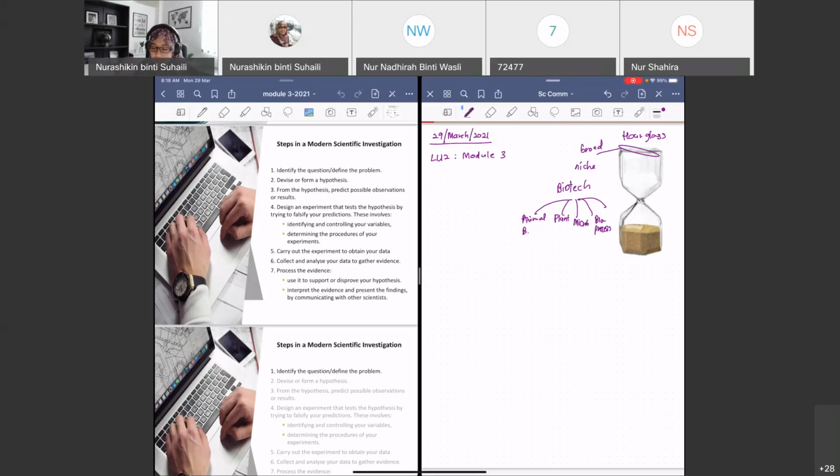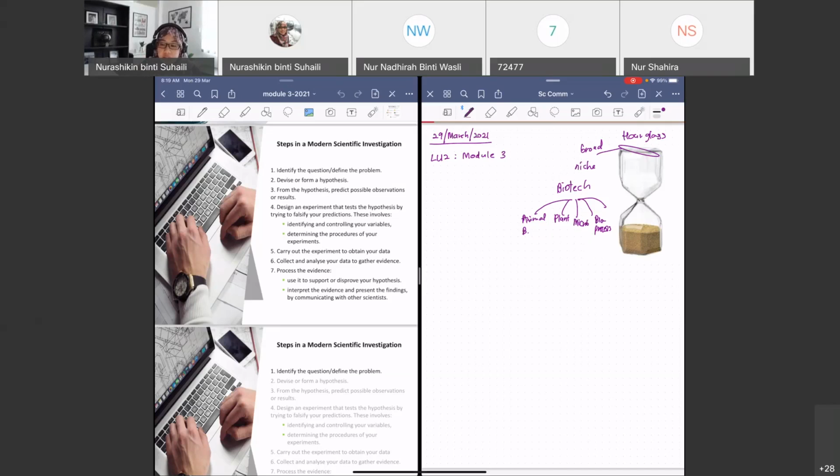Okay, where am I? I think I'm going too far already. Oh, I want to say that: define the problem, identify the question. So whenever you get the FYP topics, let's say your interest is in bioprocess, you get the topic, and from the topic given to you, you have to start investigating the background of that particular research.